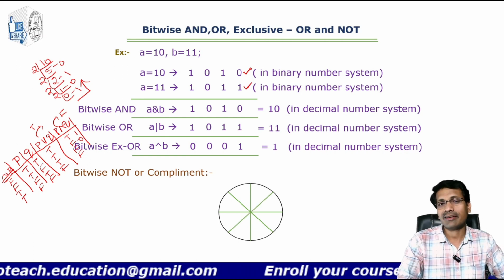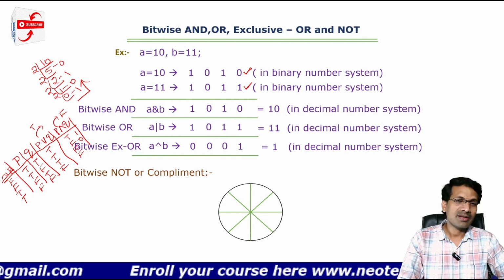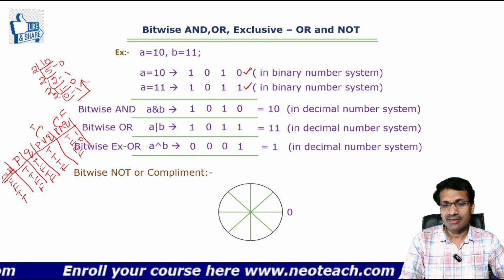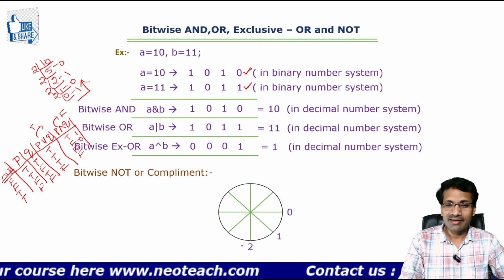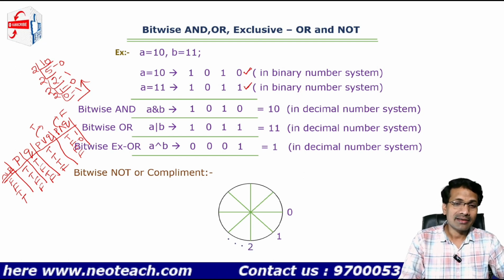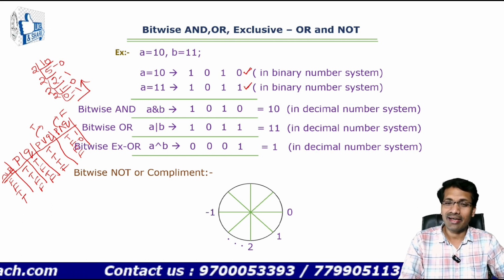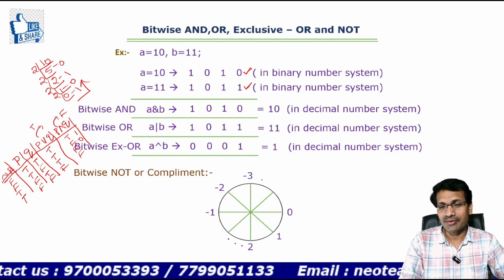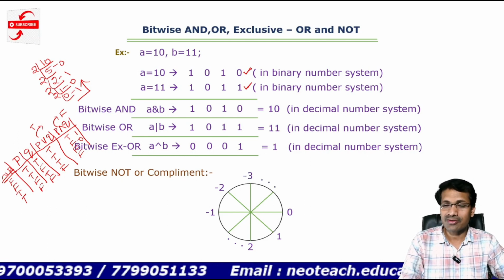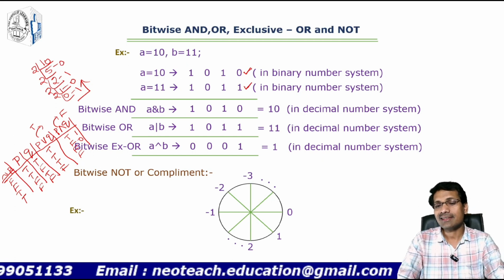Here I will represent the values from 0 to some positive and some negative values. So 0, plus 1, plus 2, and so on. And opposite to 0, minus 1, and minus 2 continuing, minus 3, and so on, like positive infinite and negative infinite. Just assume a logical circle.